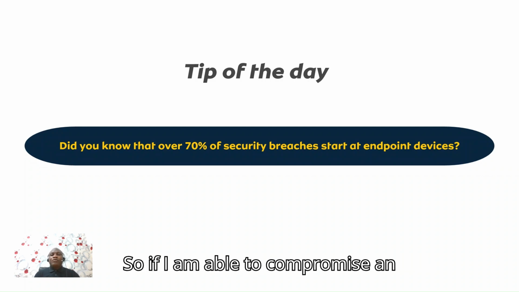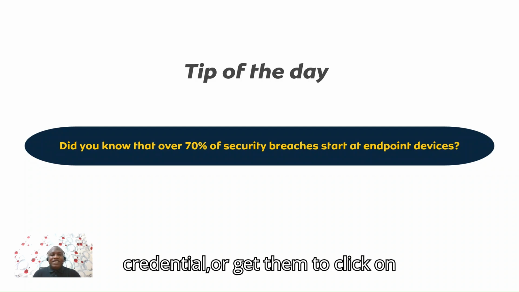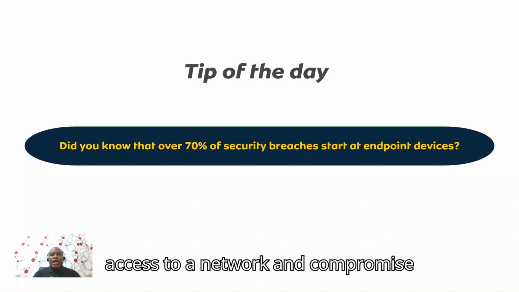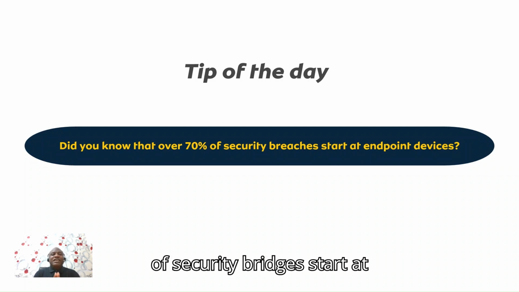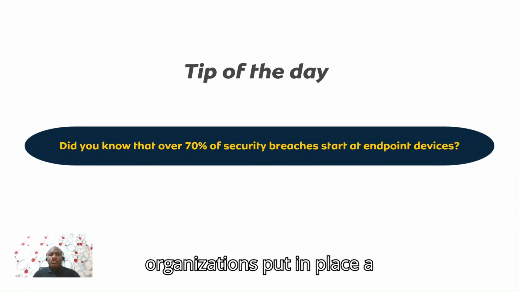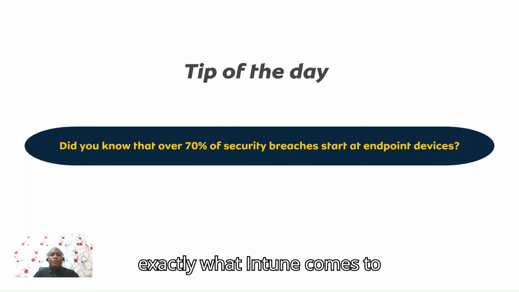So if I am able to compromise an end user's credential or get them to click on a phishing email, then I can easily gain access to a network and compromise or breach their data. So if over 70% of security breaches start at endpoint devices, it is important that organizations put in place a centralized point of managing these devices, and that is exactly what Intune comes to do.